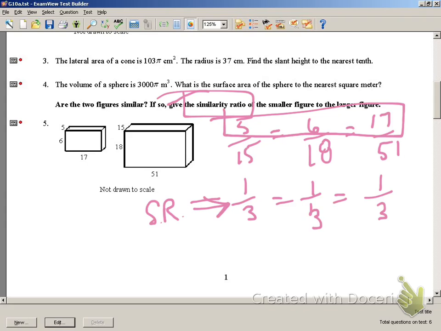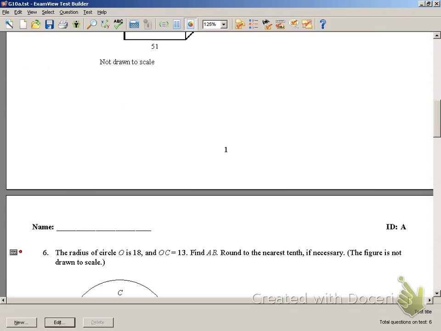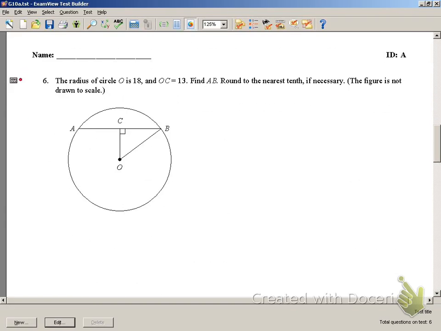And lastly, let's look at number 6. The radius of circle O is 18. And OC is 13. So right here, OC is 13, from O to C. Find AB.